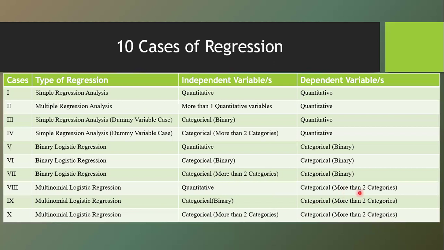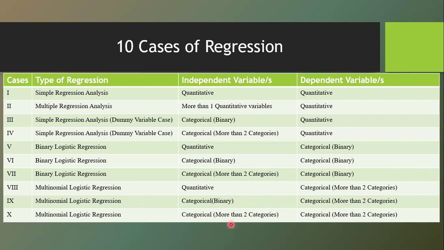It means there are three or more categories of your variable. So in case number 8, your independent variable would be quantitative and your dependent variable would be categorical. In case number 9, your independent variable might be binary and your dependent variable would be categorical.